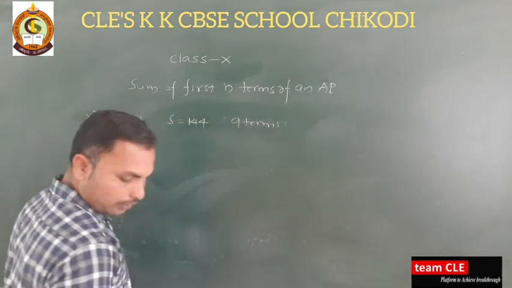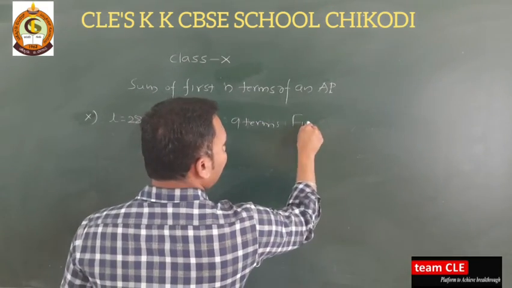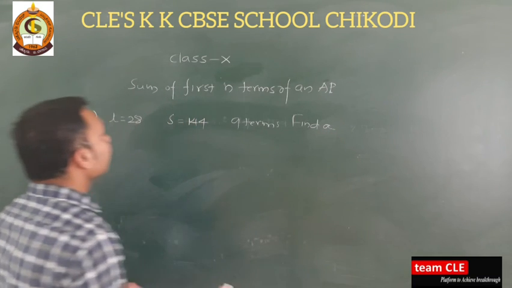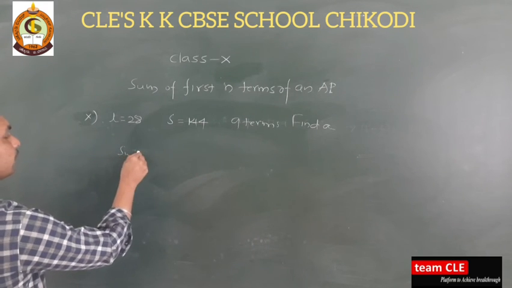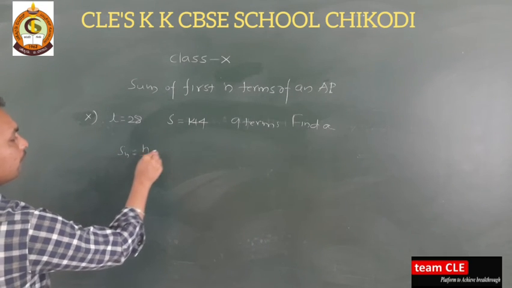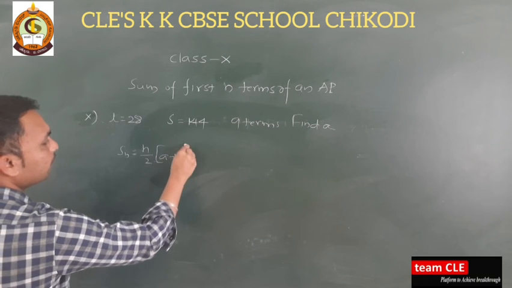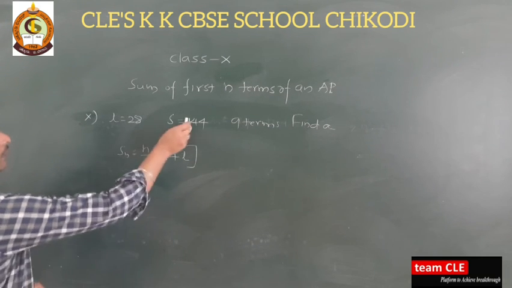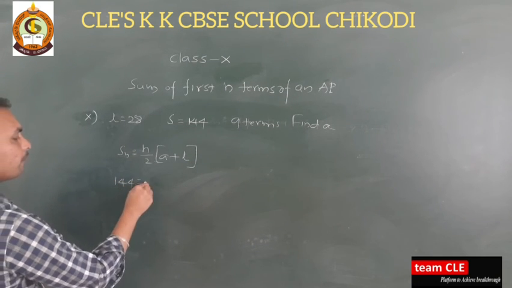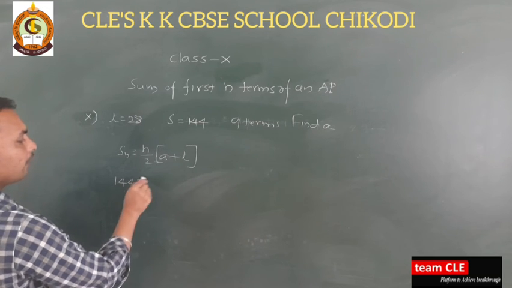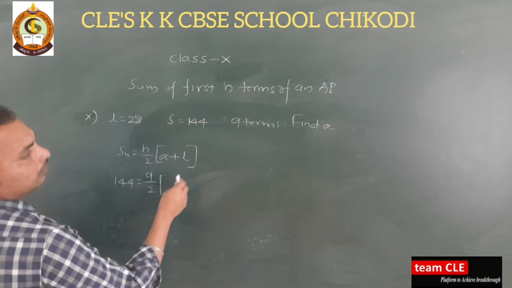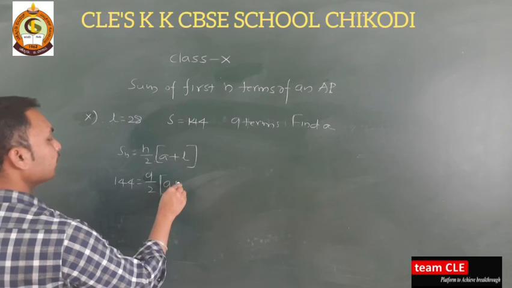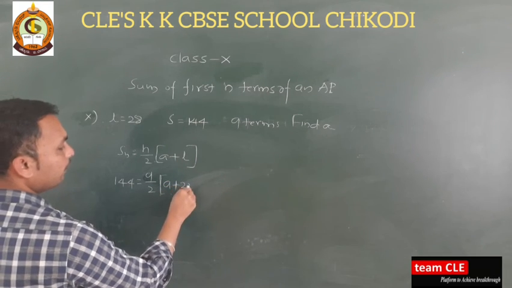Find A. So S is given 144, so Sn is equal to n by 2 into bracket of A plus L, formula we have. So Sn already given 144, n 9, we have 9 terms, 9 by 2 into bracket of A, we need to find A itself, plus L we have 28.